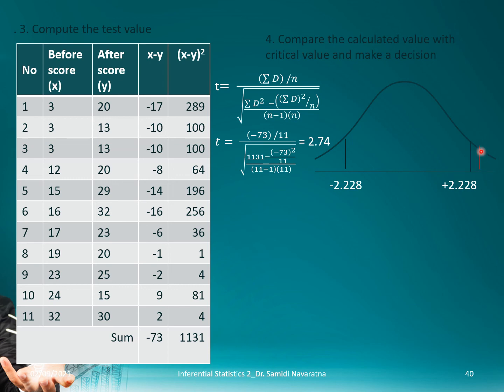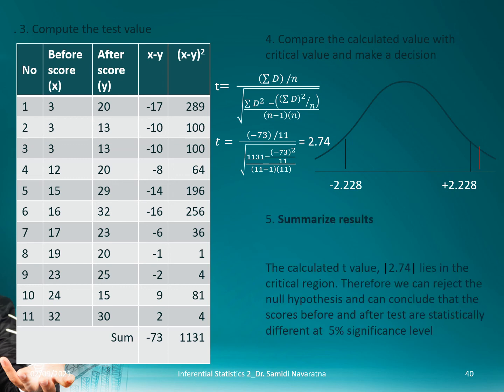The critical region is beyond this critical value. Therefore, we can conclude the calculated t-value lies in the critical region. Therefore, we can reject the null hypothesis and conclude that the scores before and after the test are statistically different at the 5% significance level.